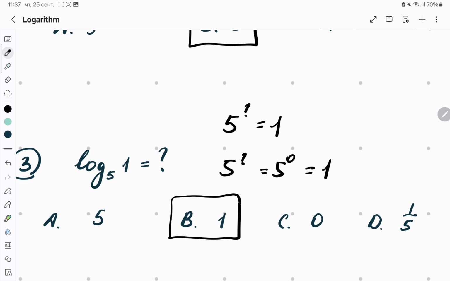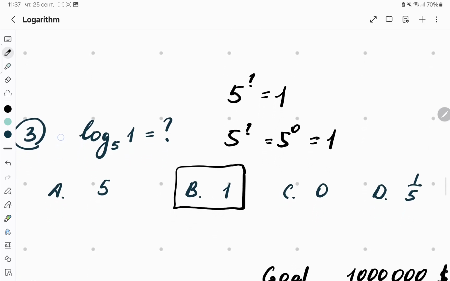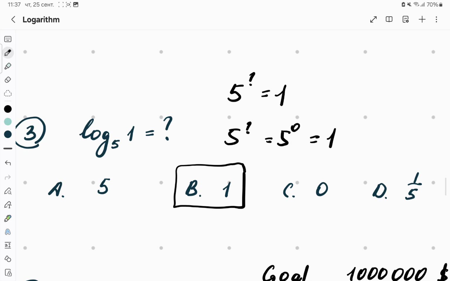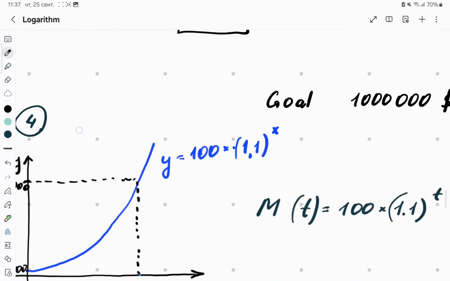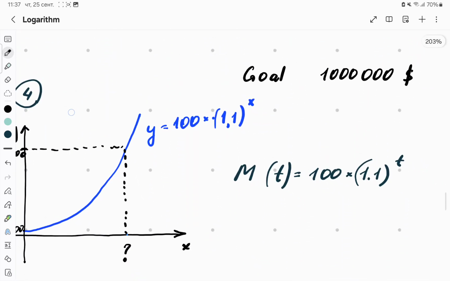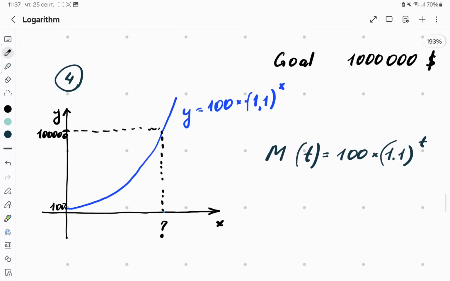Okay, now it's time to connect our definition of logarithm and real life questions. So when will we become a millionaire? This is the main point of this video. Okay, so first of all, let's construct our function equation. So our function equation is this one, where x is the number of months.